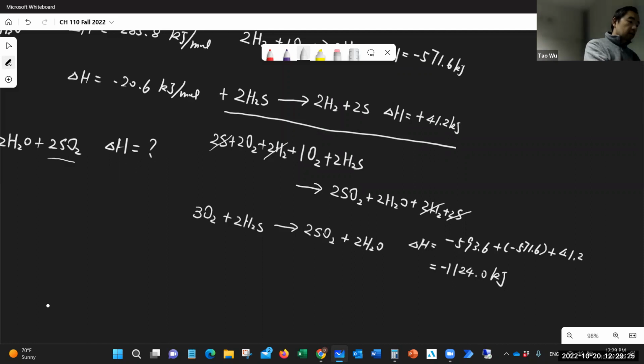Again, in this handout, page 8, page 9, page 10, page 11, those are all Hess's law questions. And if you want, you can find tons of Hess's law questions on the website. Just search Hess's law practice questions. There's a lot. So if you want to do practice, you have a lot to practice.